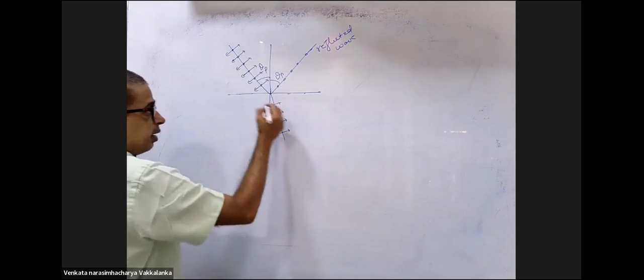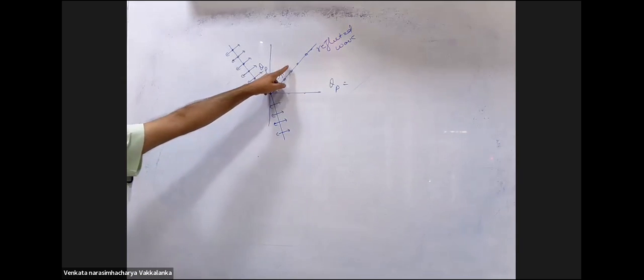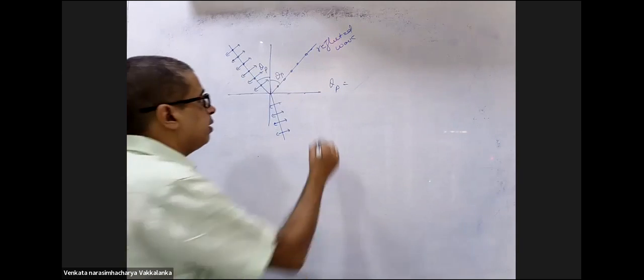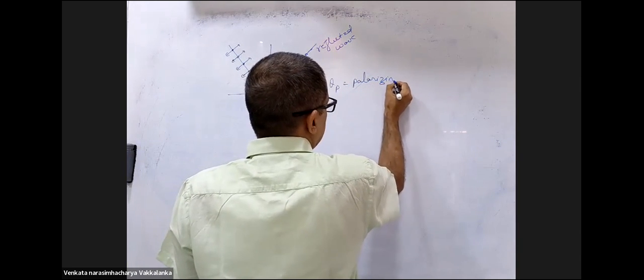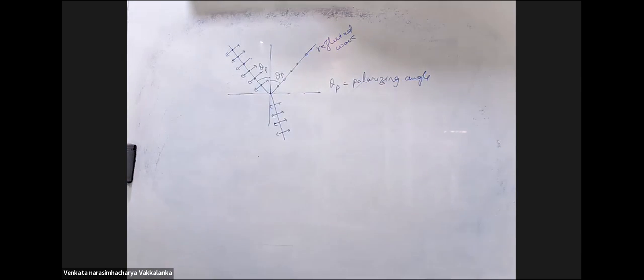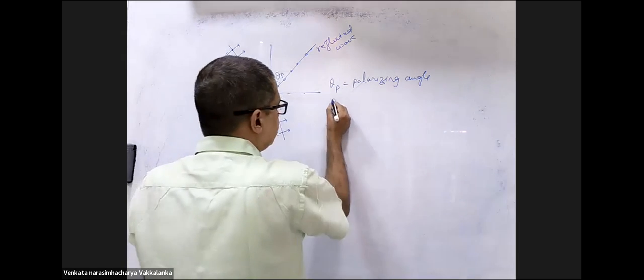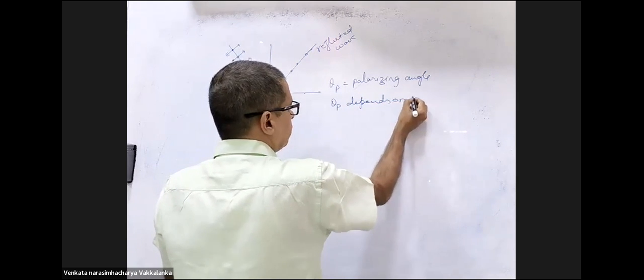So this theta p is the angle at which the light wave is completely polarized. This is polarizing angle. This is the angle of incidence at which the light wave is completely polarized. Theta p depends on mu. First point that you should remember.